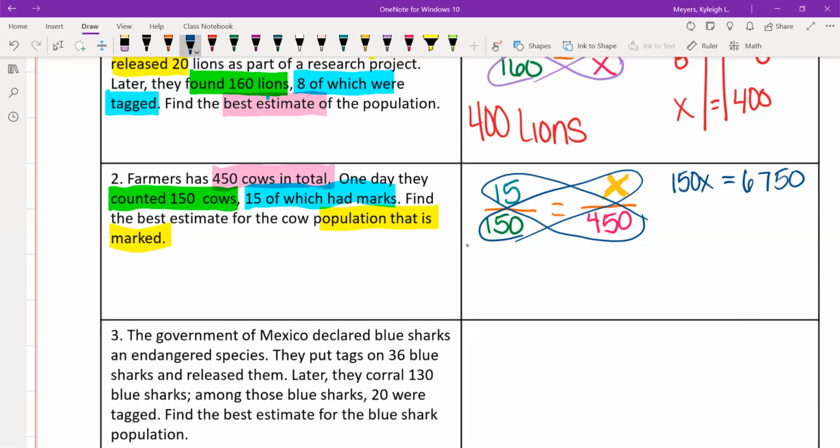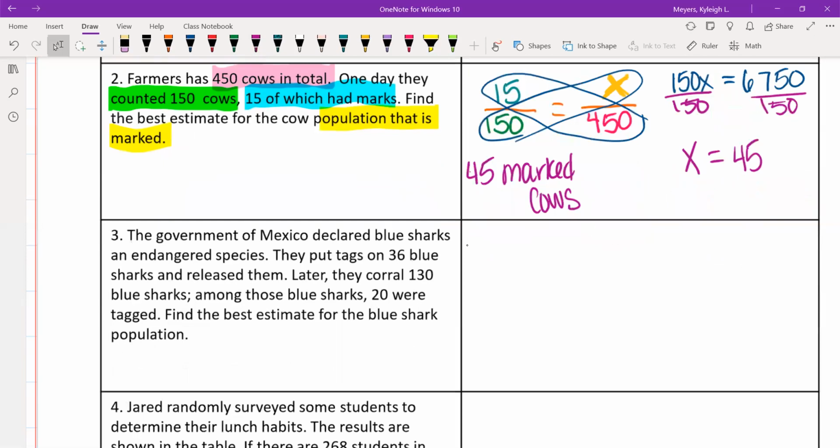Take that answer and now we're going to divide both sides by 150. So do 6,750 divided by 150, and you should get 45. 45 what? 45 marked cows. Because they're not just cows, how many are marked was the question.